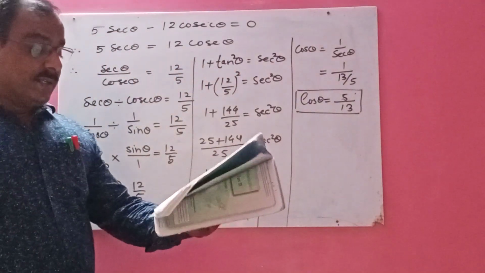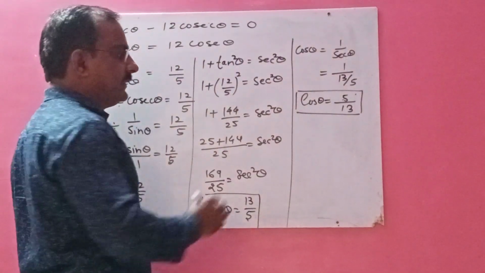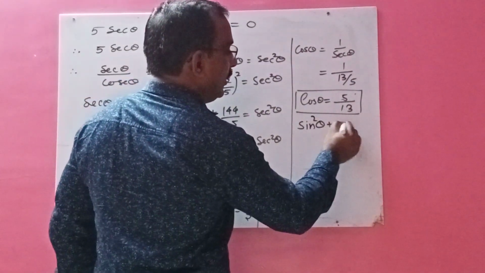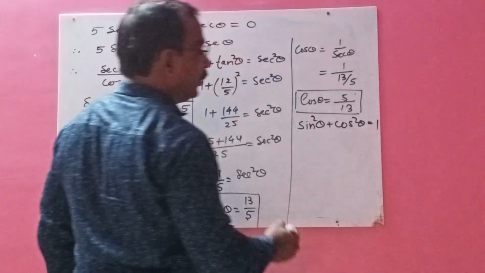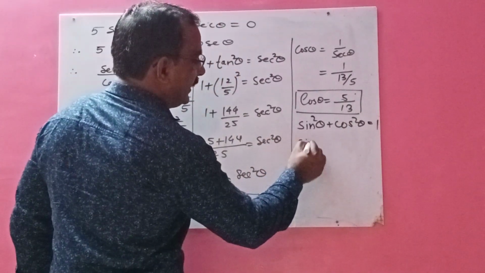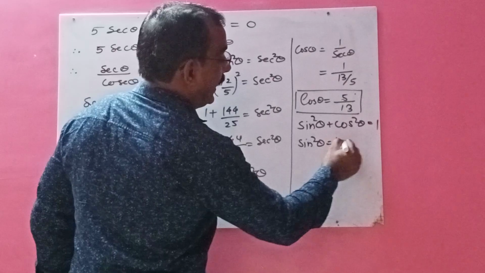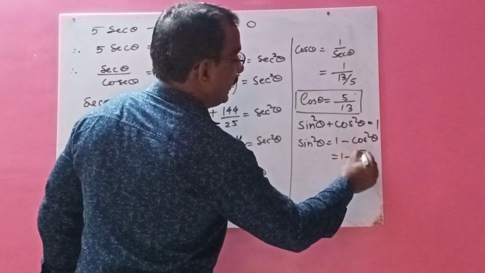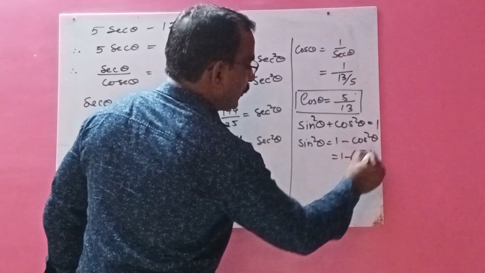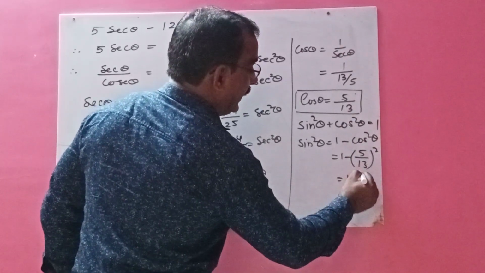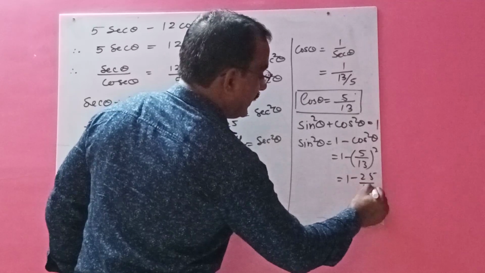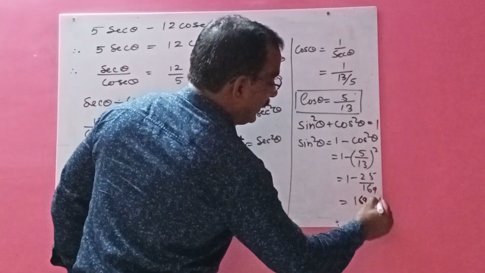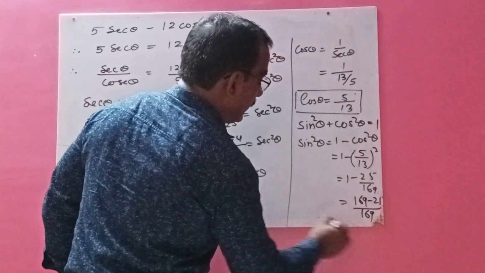And the third one is sin theta. So how will you get sin theta? You know the formula, sin square theta plus cos square theta is equal to 1. Sin square theta is equal to 1 minus cos square theta, which is 1 minus 5 upon 13 square, that is 1 minus 25 upon 169, which is 169 minus 25 upon 169.